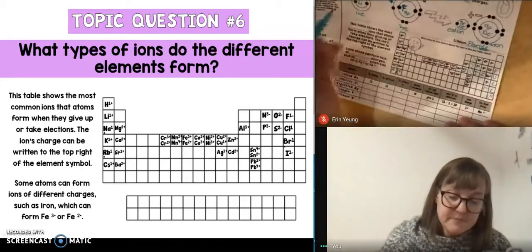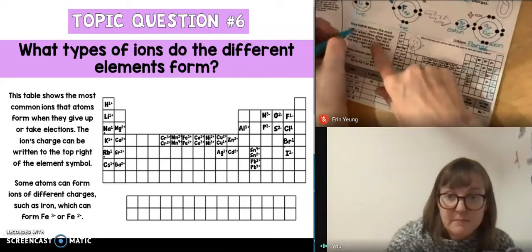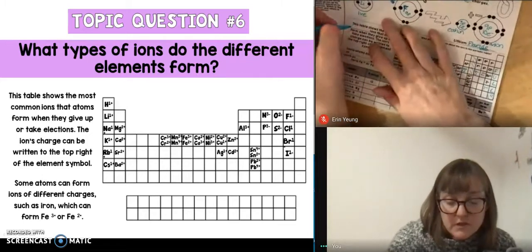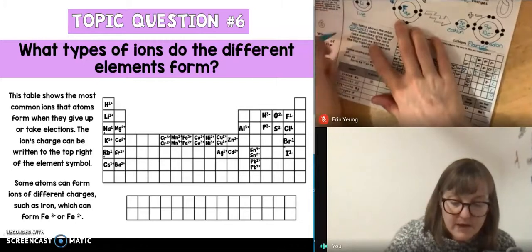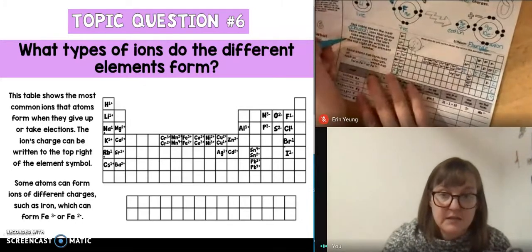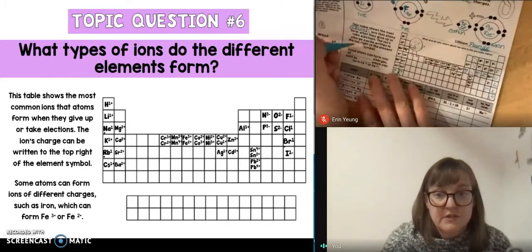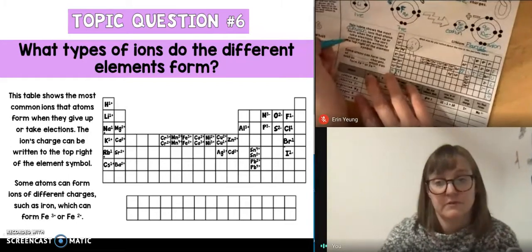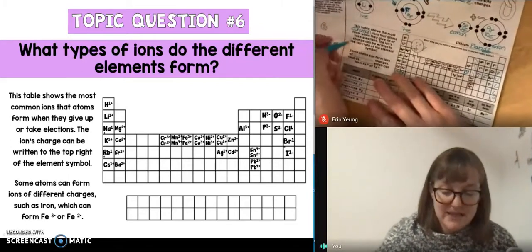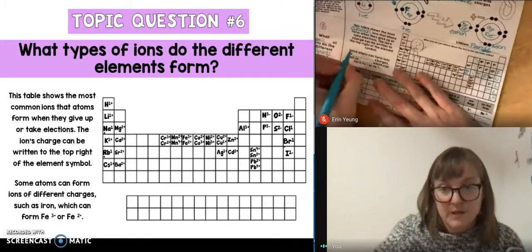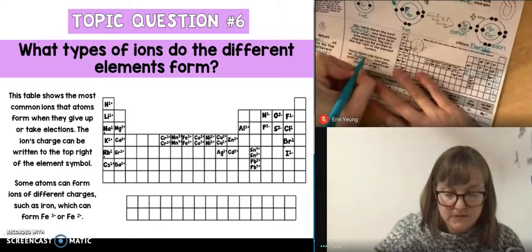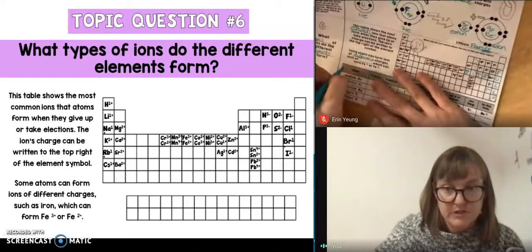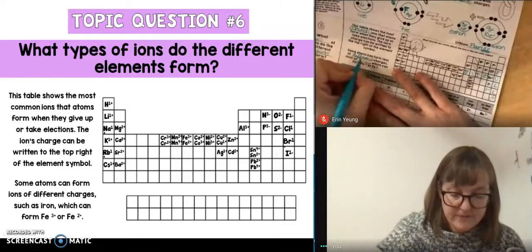So the table shows that the most common ions that atoms form when they give up or take electrons can be written in the top right of each symbol of the element. Some atoms can form ions of different charges, such as iron.